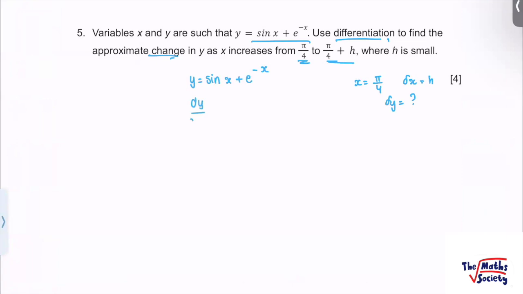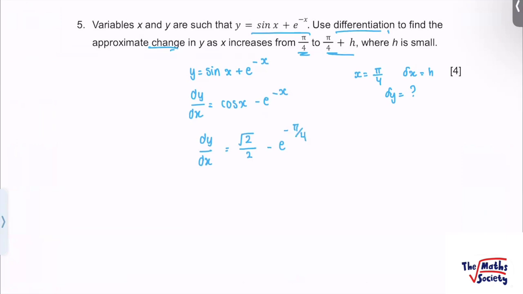So we want dy by dx. That's going to be cos x minus e power minus x. So that's dy by dx at pi by 4, which is root 2 by 2 minus e power minus pi by 4, because x is equal to pi by 4.